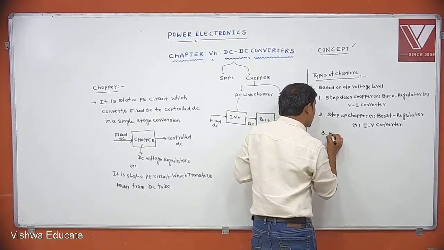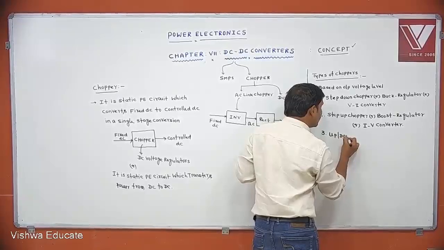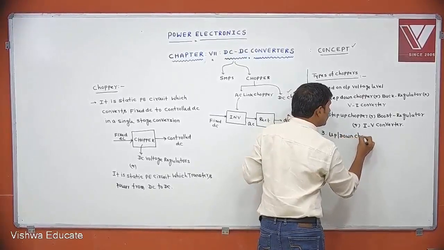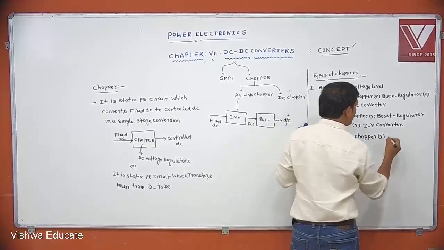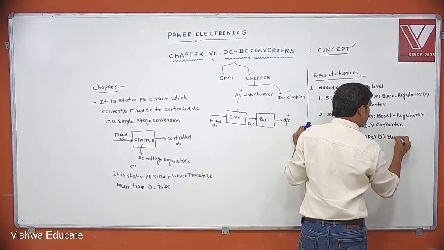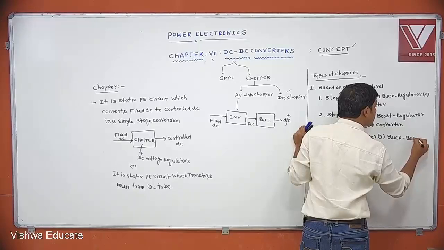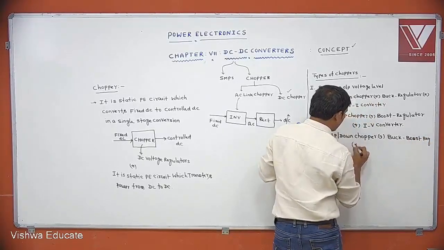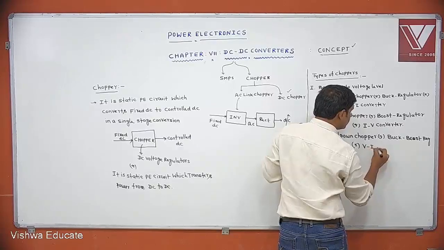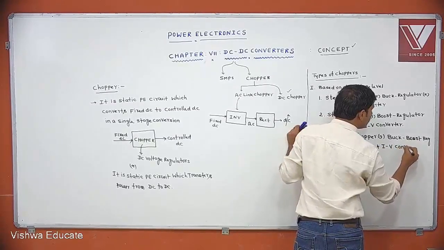Buck boost or up down chopper, or it is also called buck boost regulator, or V to I and I to V converter.